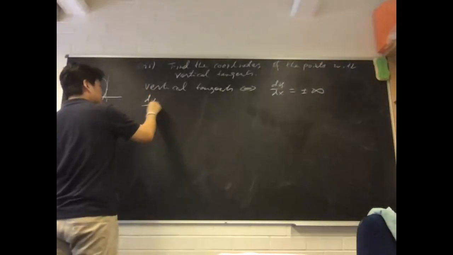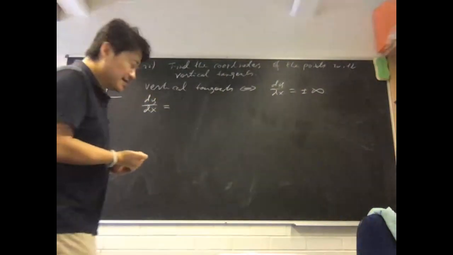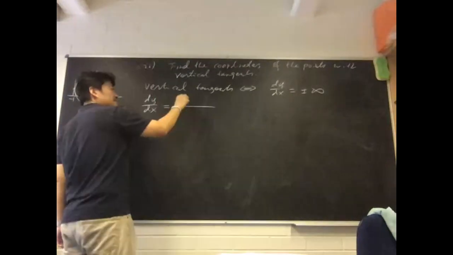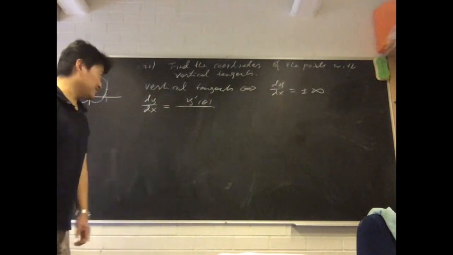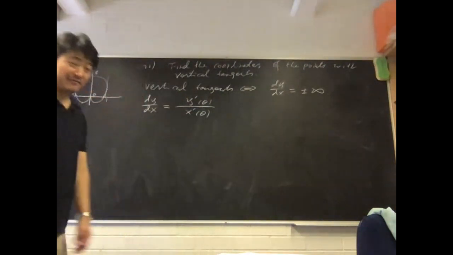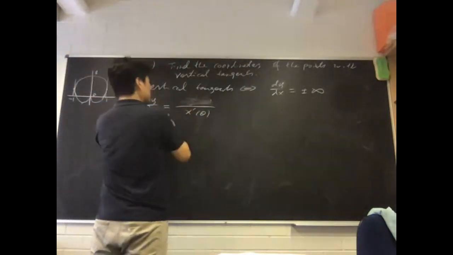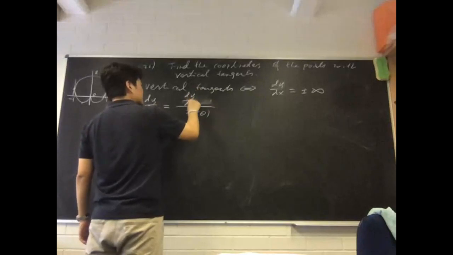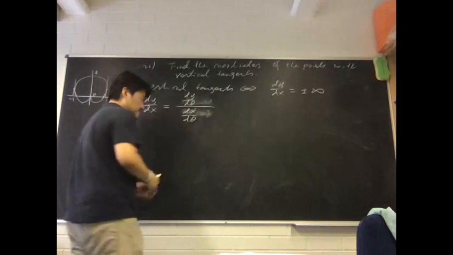There are a couple of ways of computing that, which is really the same way. You can write y as a function of theta and differentiate with respect to theta, divided by the derivative of x with respect to theta. So dy/d theta divided by dx/d theta.